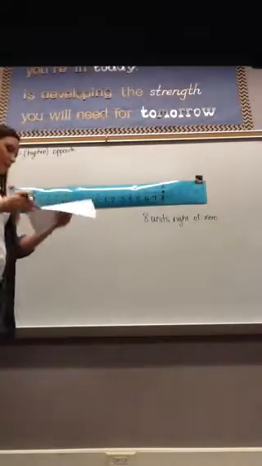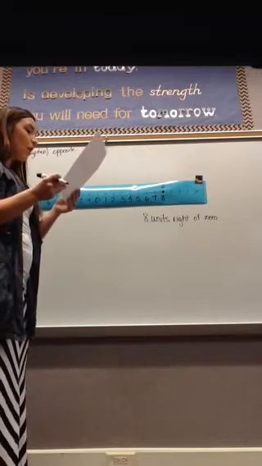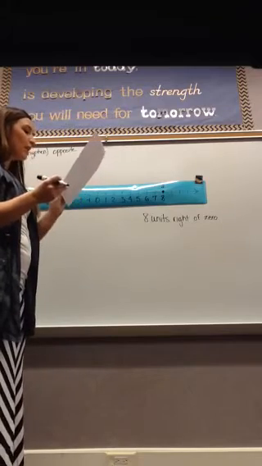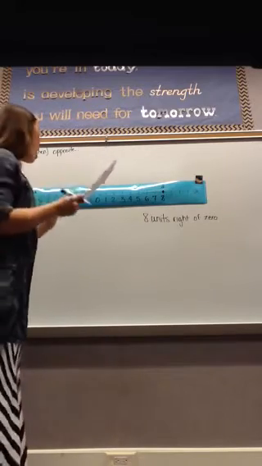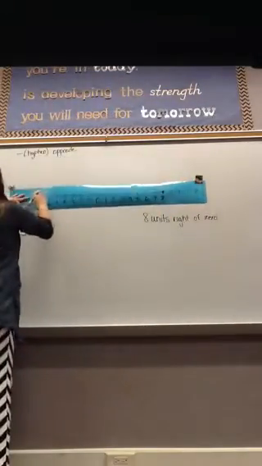Okay, moving down to example number 2. It says to locate and label the opposites of the number on the number line. So this will have a different value.